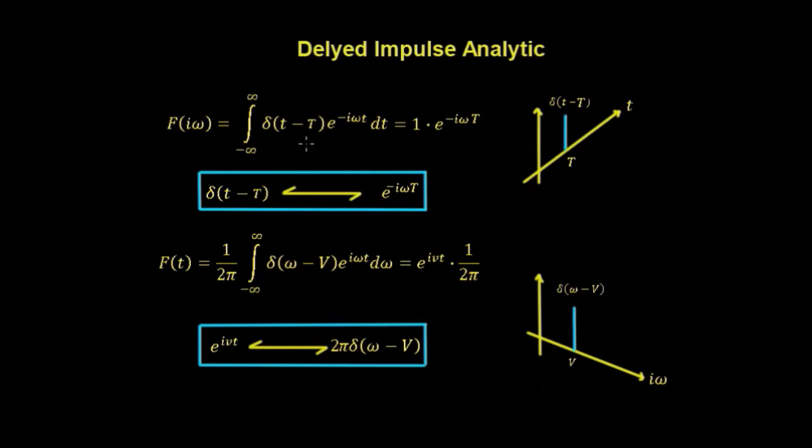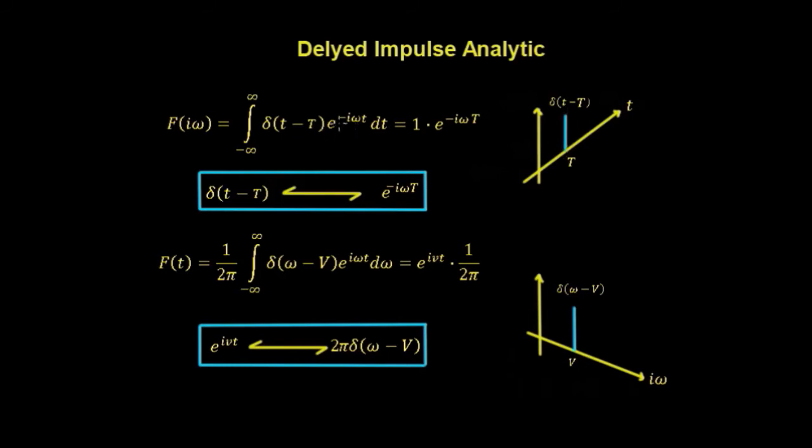Now, we know that the area here, the integral from minus infinity to infinity of delta(t minus T) dt, is going to be a value of 1. That's just the area under the impulse.